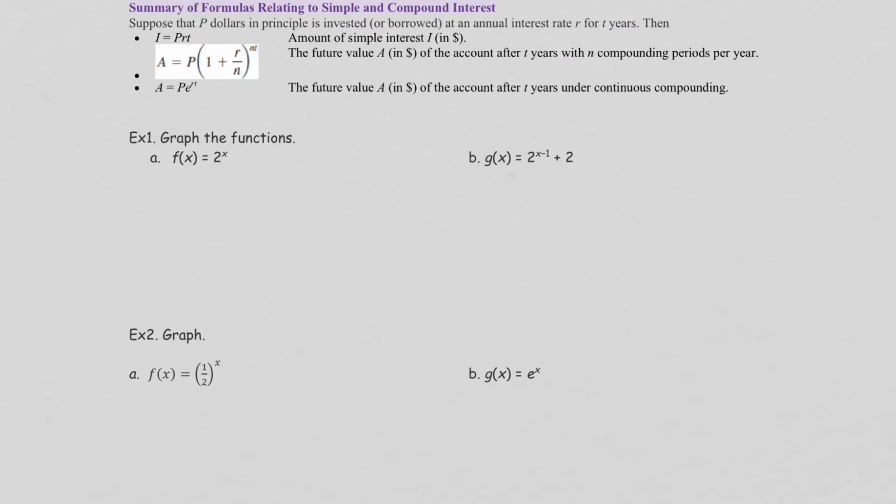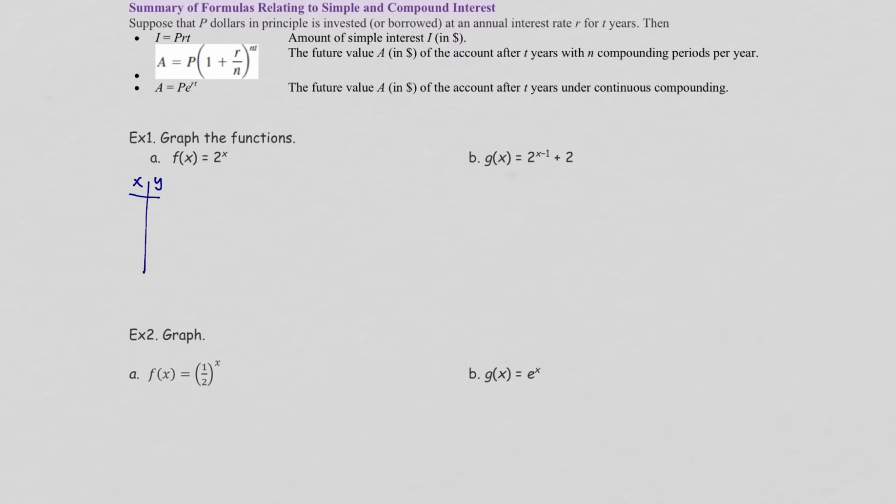So let's look at the first example. It is asking to graph this exponential function, and one way of doing it is by plotting the points. When we plug in points, you have x and y.